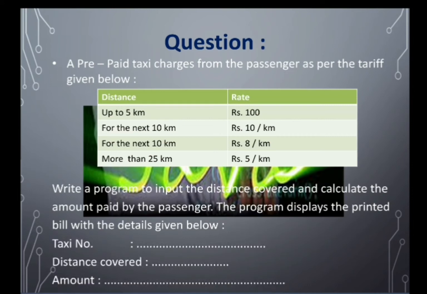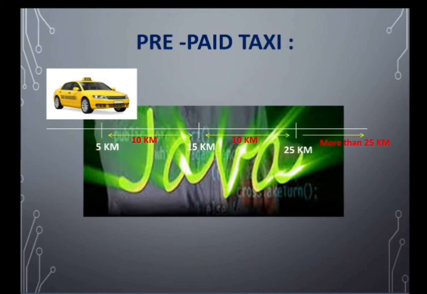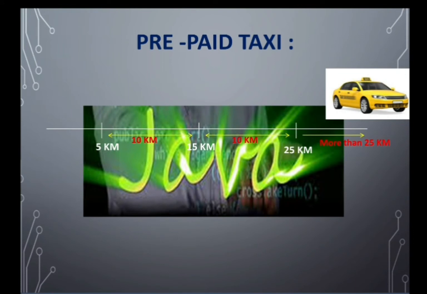See, in this way you can understand what I want to say. We have one taxi, and the taxi is going to move kilometer by kilometer, but we have to pay 100 rupees for the first 5 kilometers, then for the next 10 kilometers, then for the next 10 kilometers, and then for more than 25 kilometers. The taxi will move and we have to pay.